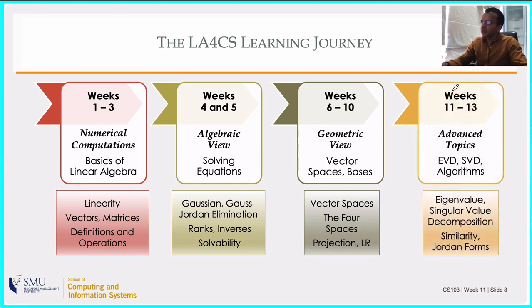And this week, we're going to move on to the advanced topics, the so-called advanced topics. But these topics are really not very advanced from the point of view of computer science, because these are the things that will be used in almost every single data science kind of application algorithm. All these ideas that are coming up today and the next 2 weeks will be used.